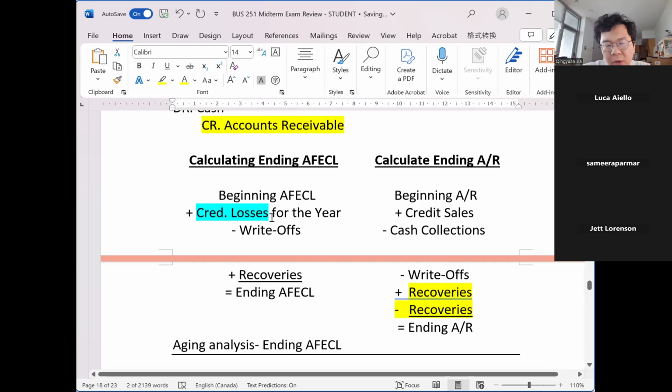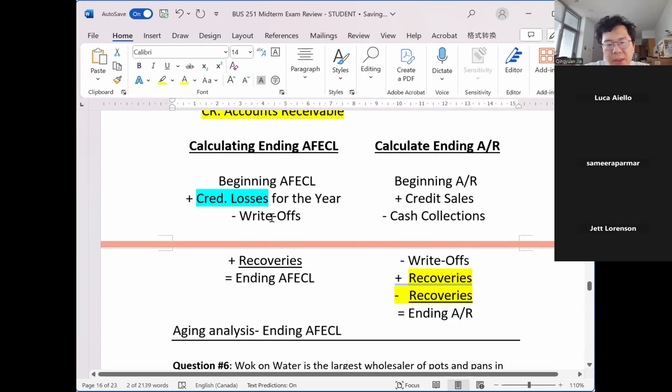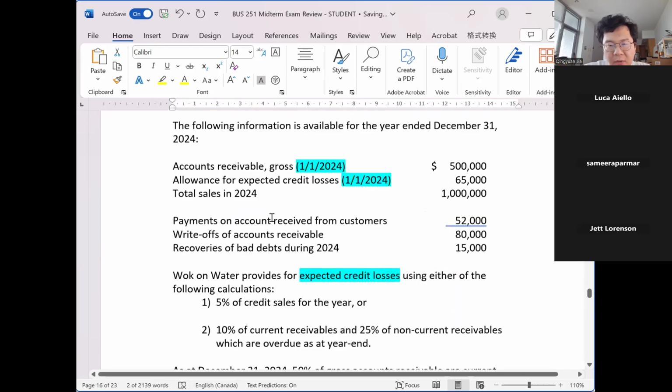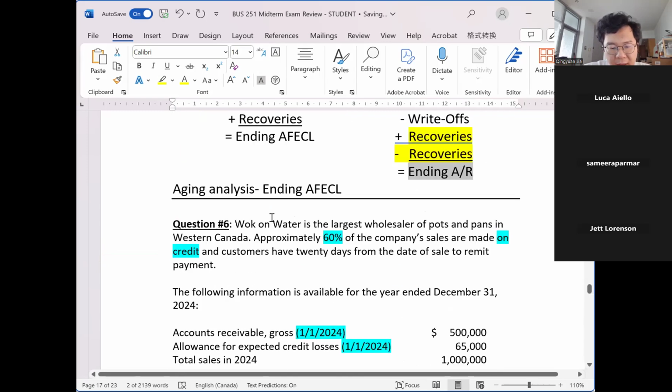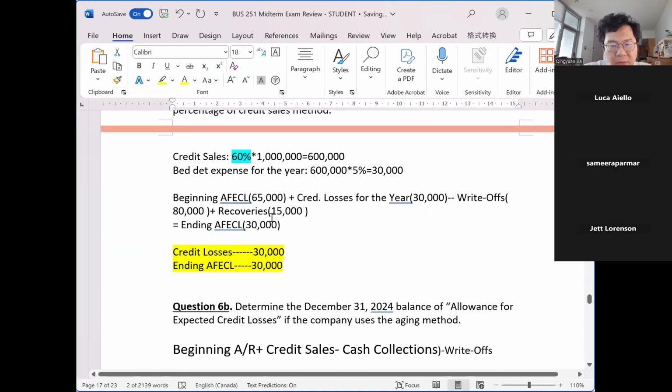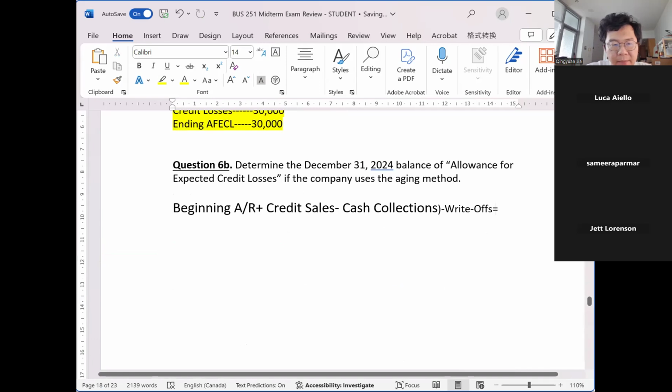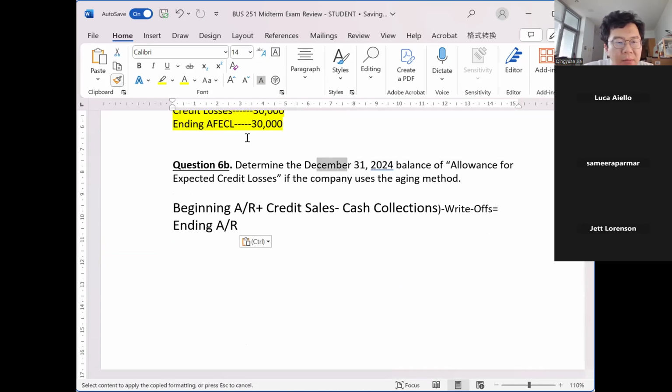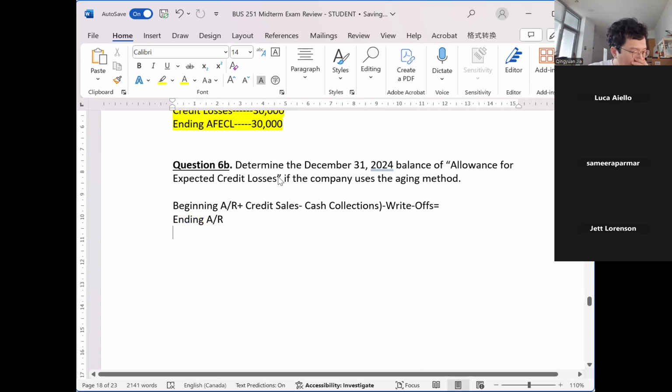So we will not calculate that. We will simply ignore this. And then we will have the ending account receivable. Make it more clean. Okay, so this is the setup that we have.